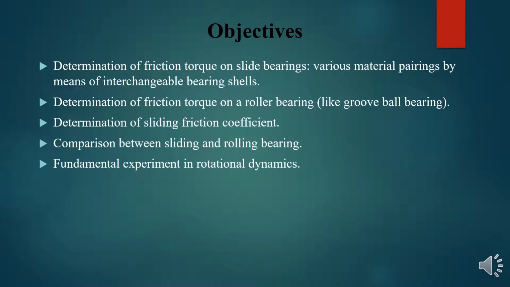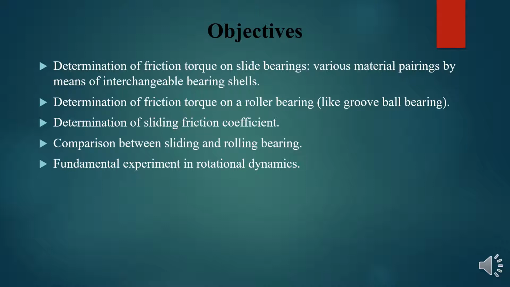Using the bearing friction apparatus TM232, we can compute the frictional torque on slide bearings, the frictional torque on a roller bearing, and the sliding friction coefficient of different pairs, and finally we can compute the rotational dynamics by calculating the acceleration, velocity and time for each angle of rotation.